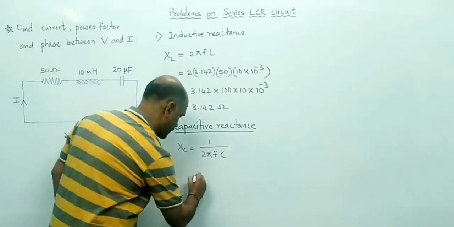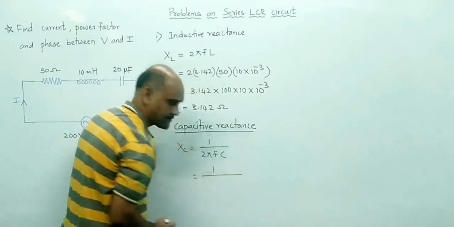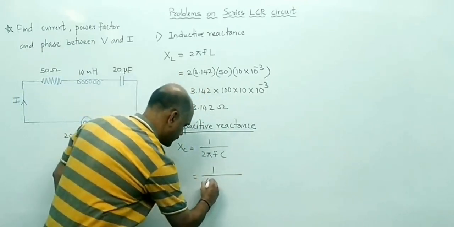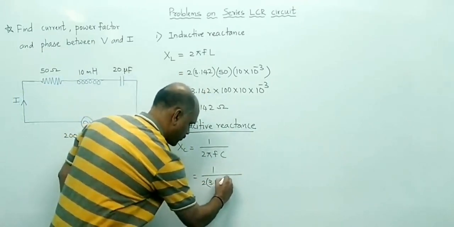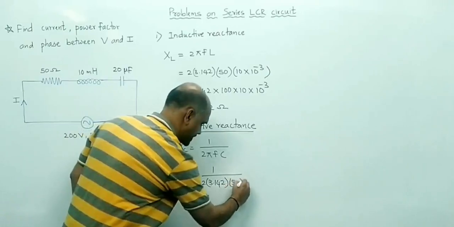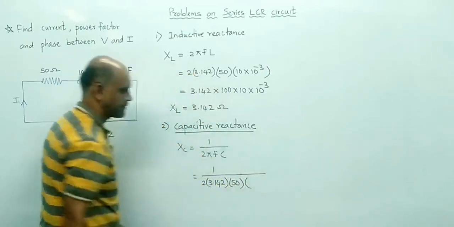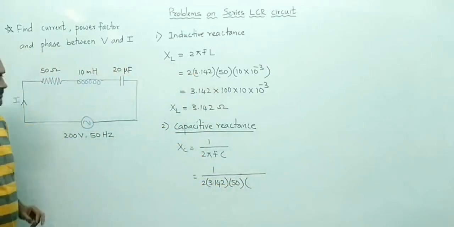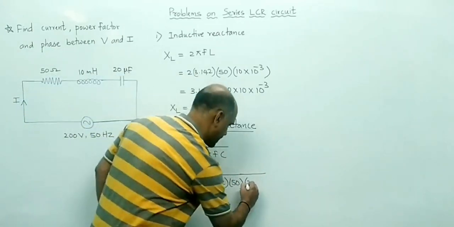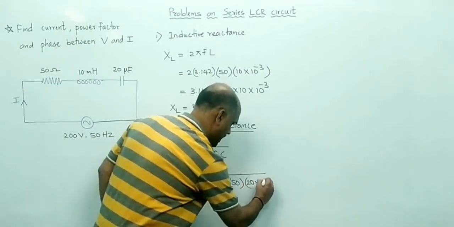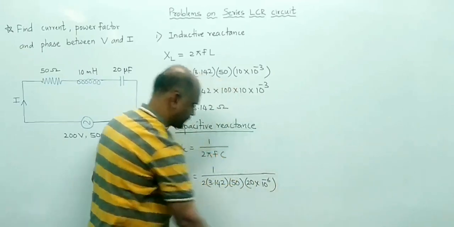So this is equal to 1 divided by 2 into 3.142, frequency is 50, capacitance is 20 microfarad, so 20 into 10 raised to minus 6.